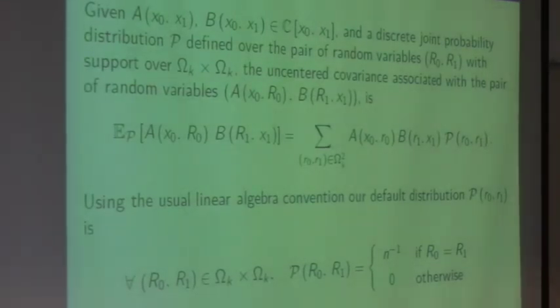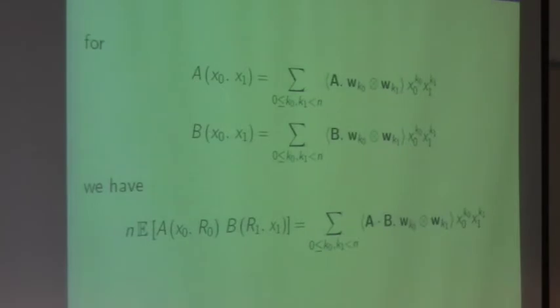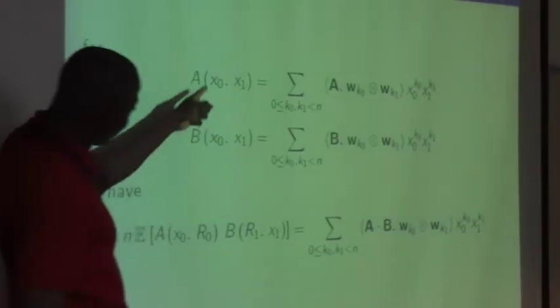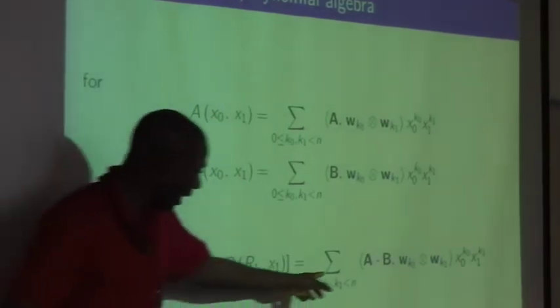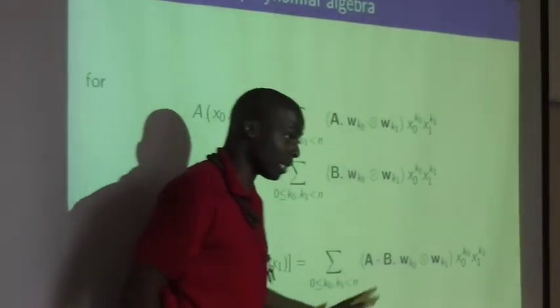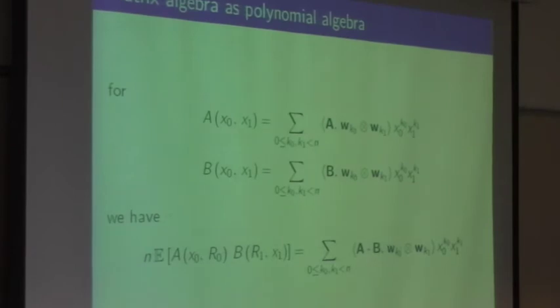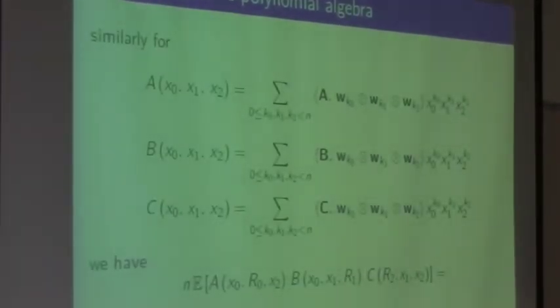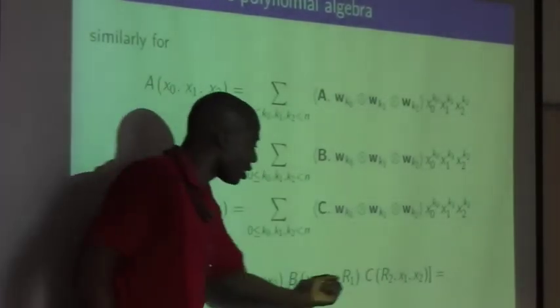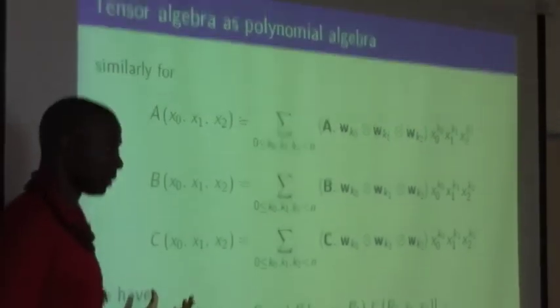All right, so let's look at things from this perspective and see what it buys us. Well, it buys us that if you have these two polynomials, you compute their correlation, what you get is the multiplication of these matrices. That's the first observation. All right? Now, why would Bhattacharya and Messner end up with a ternary algebra? Well, they end up with a ternary algebra because they're computing the correlation of three random variables.